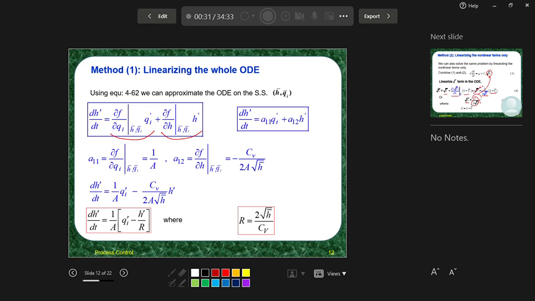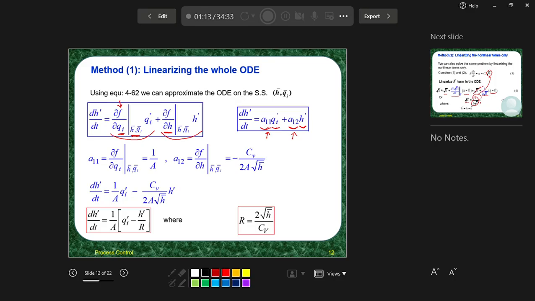And this constant is the value of the derivative of the function, which is the right-hand side of the differential equation, with respect to Qi at the steady state values, and here it's the derivative of the function with respect to H at the steady state values. So at the end we have a constant, we will call it A11, times Qi prime plus another constant times H prime, a linear differential equation. So we'll first find A11, then we'll find A12, and then we put them in an equation.